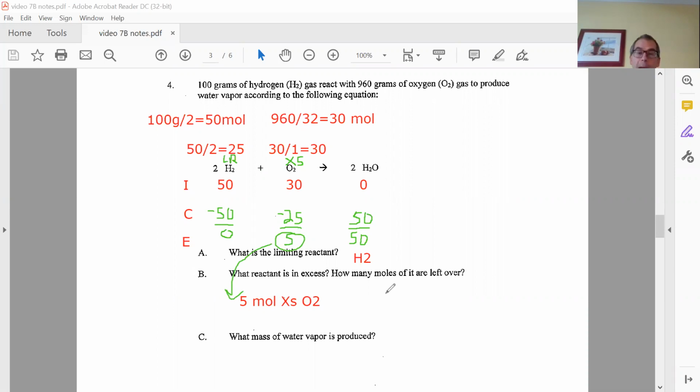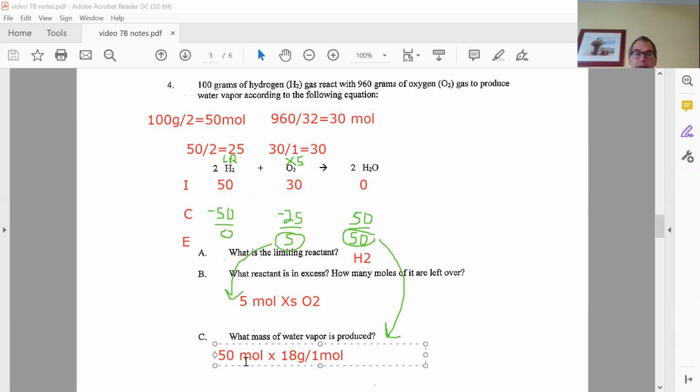And then it says what mass of water vapor is needed. I don't just want to write 50 because that's moles. So I'm going to do 50 moles, and then I'm going to times that by the molar mass, and the molar mass of water is 18 grams per 1 mole.